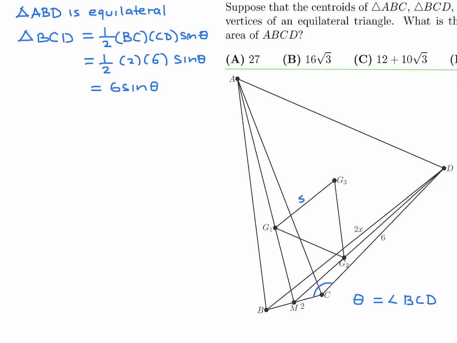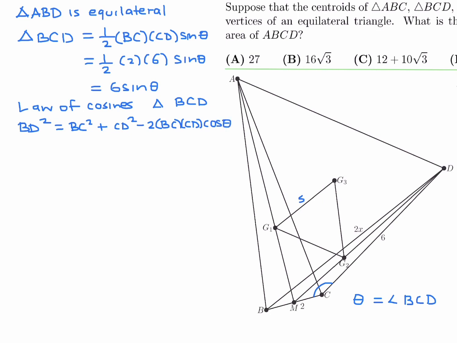All right. Now we will use the law of cosines on this triangle BCD. Same triangle. And when we do, we get the following. BD squared is equal to BC squared plus CD squared minus 2BC CD cos theta again.